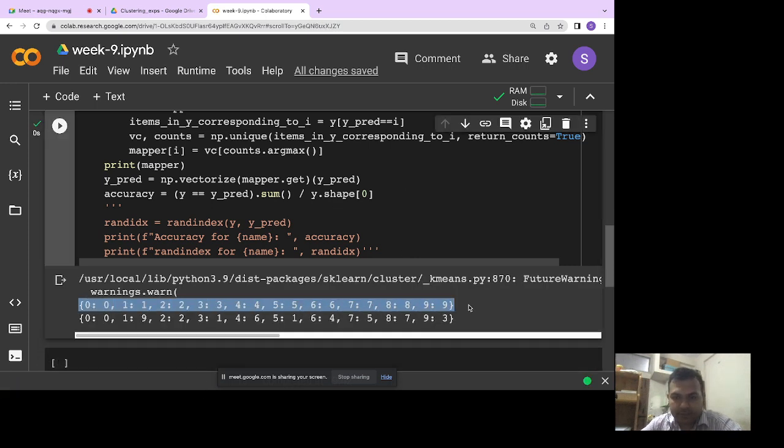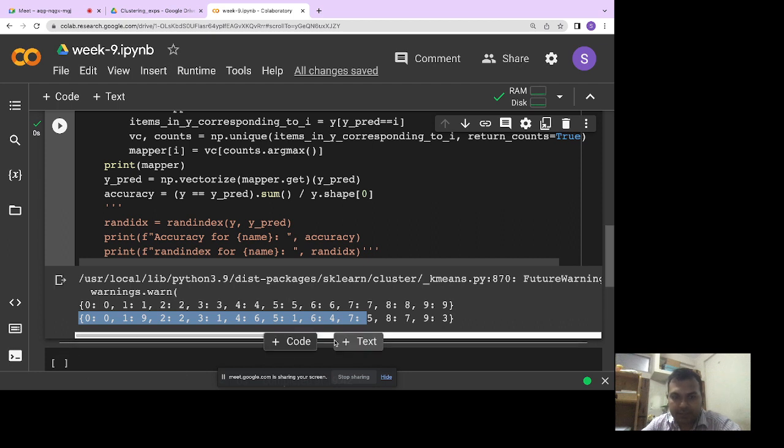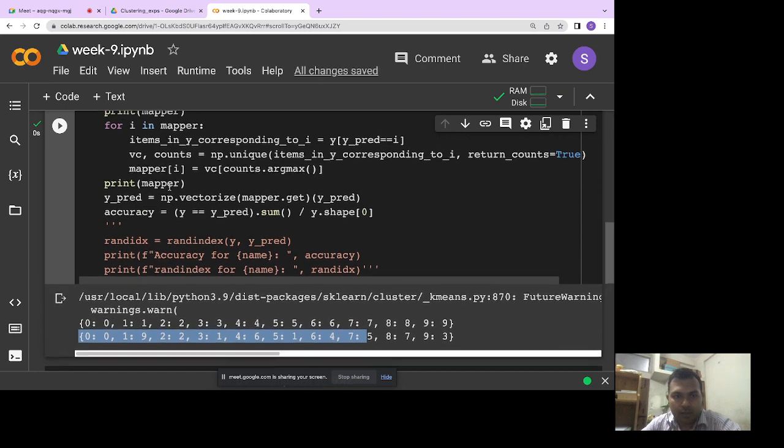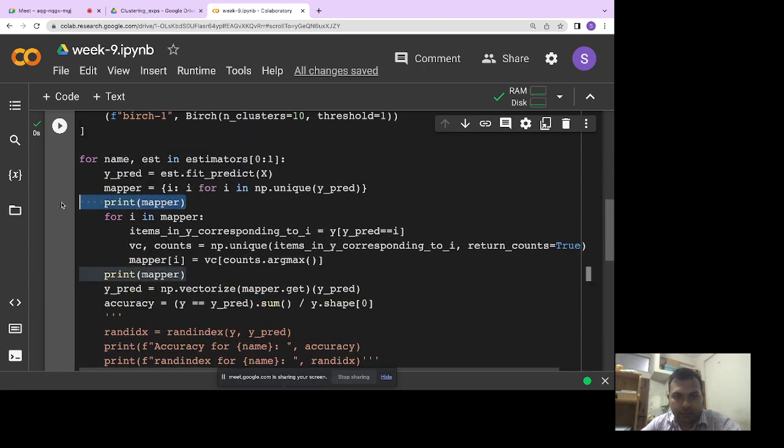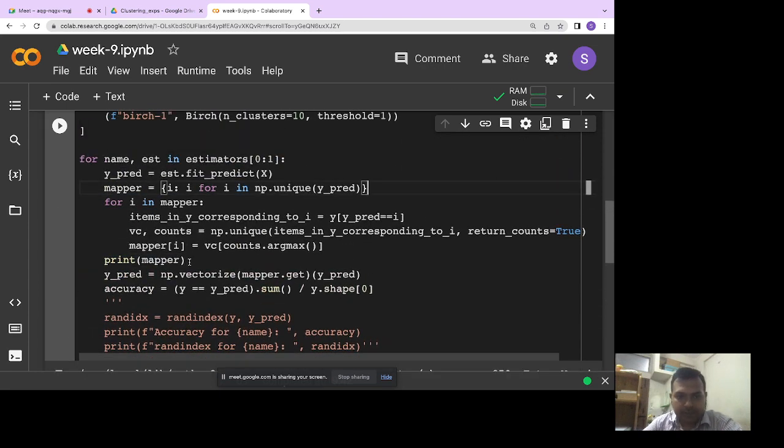After that the mapper has become like this. So 0 is still indicated by 0, 1 is indicated by 9, 2 is indicated by 2, 3 is indicated by 1, 4 is indicated by 6, and so on. All the things have got jumbled up. These are your clustered indices. Okay, so the mapper is clear.